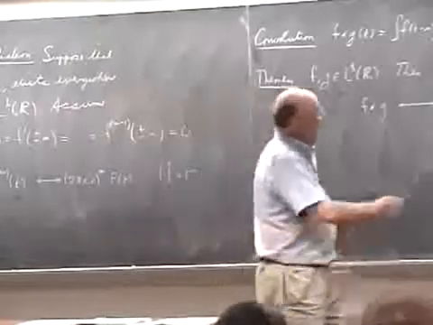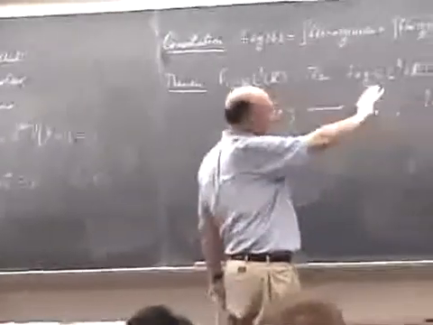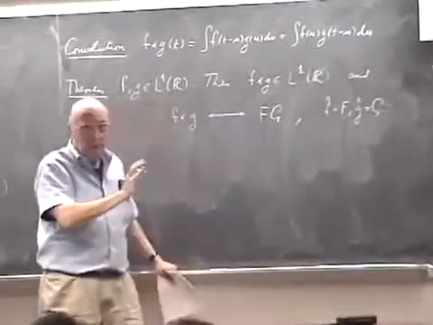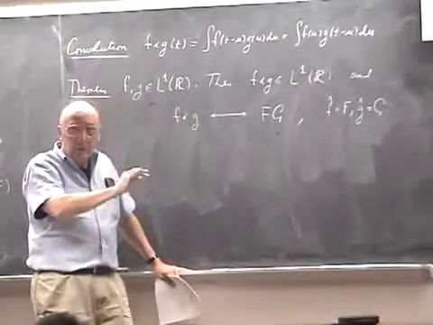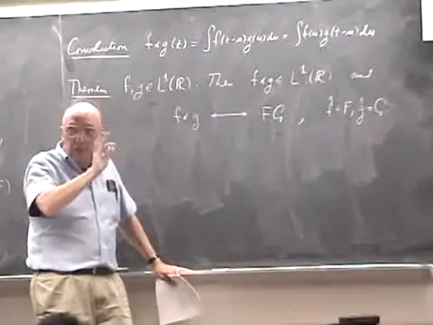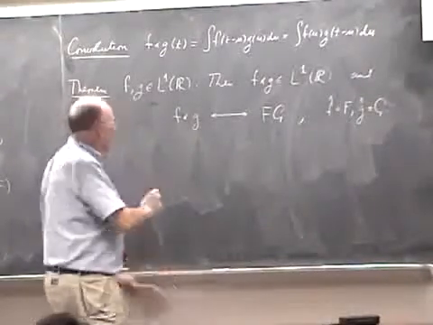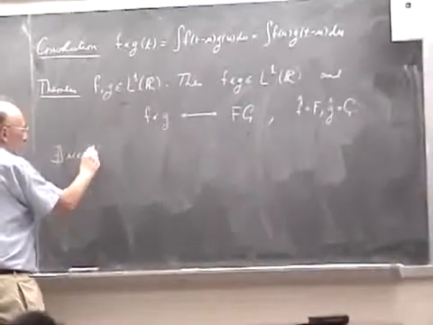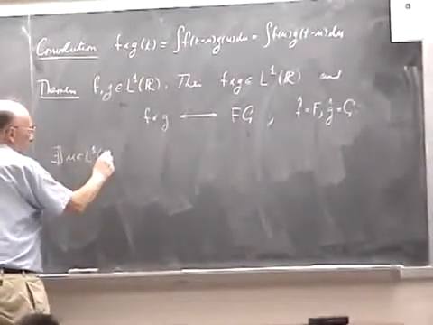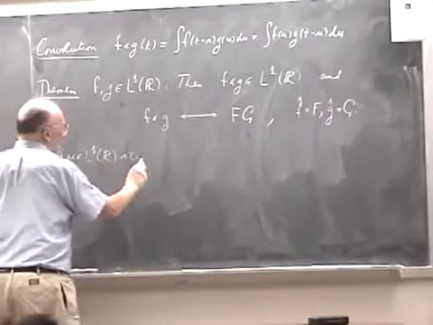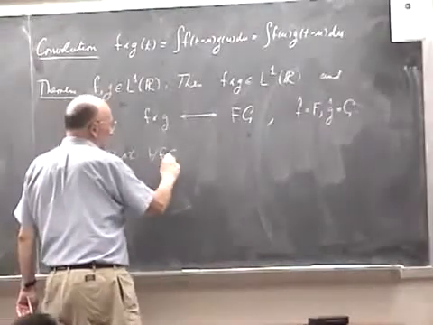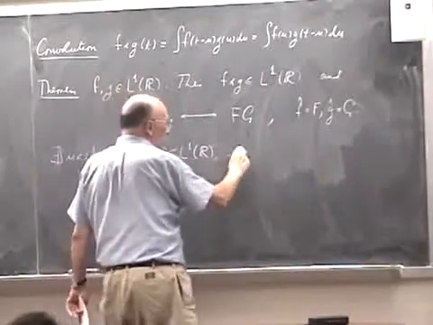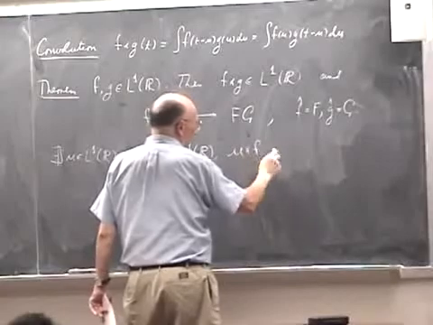Now, I just said that L1 is a ring with that multiplication, but it doesn't have a unit. I could prove that to you, but I shan't. That there is no L1 function u, that does not exist, u in L1 of R, such that for all f in L1 of R, u star f is equal to f.